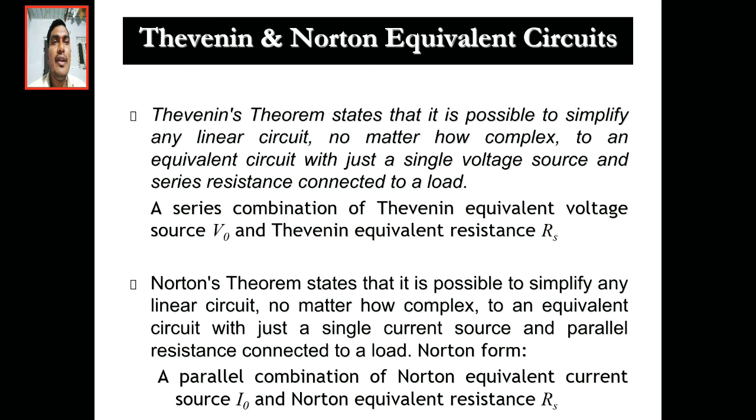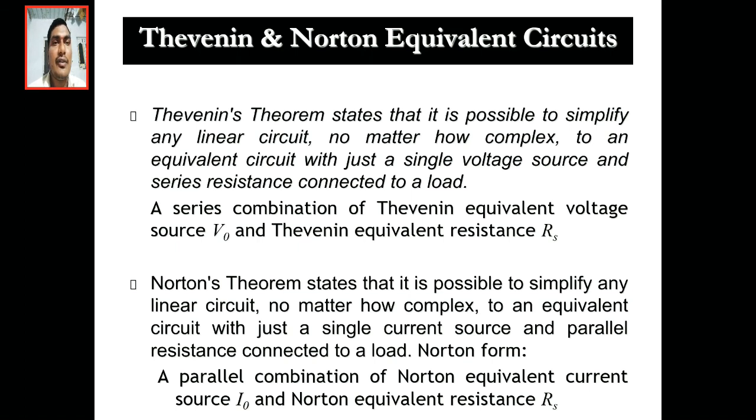In this way we will solve large complex circuits by using Thevenin's and Norton's equivalent circuits. Once again, I am saying that Thevenin's and Norton's circuits are dual to each other. In Thevenin's circuit we represent all voltage sources as one voltage source and all passive elements as one passive element connected in series with the source.